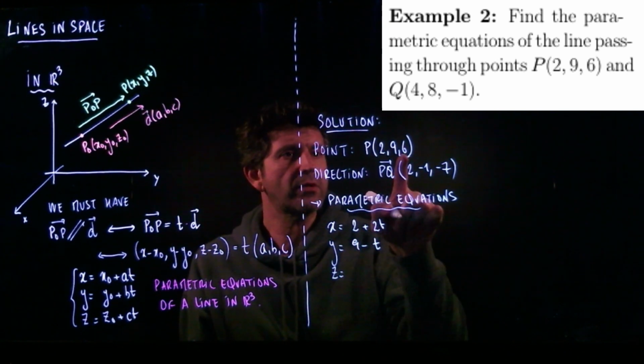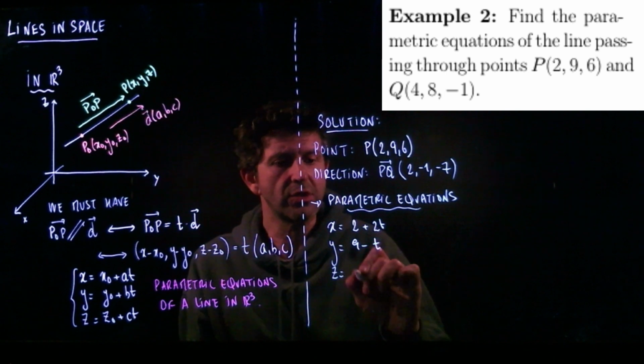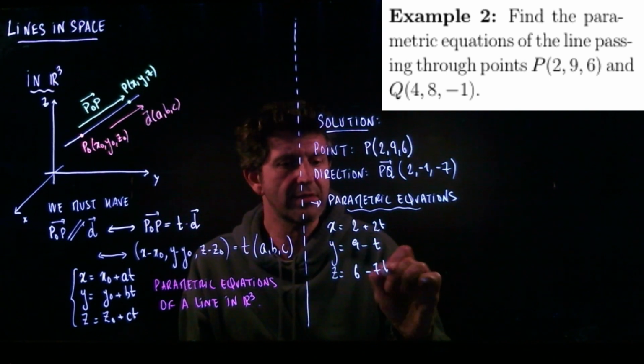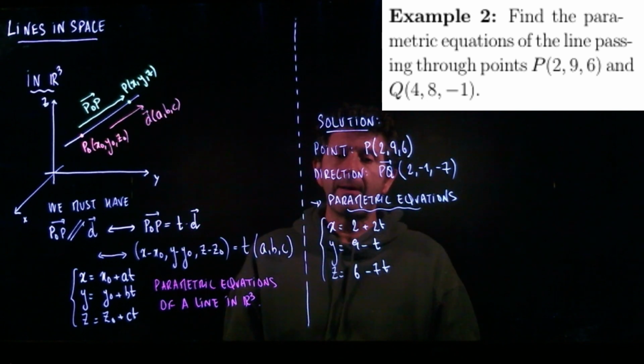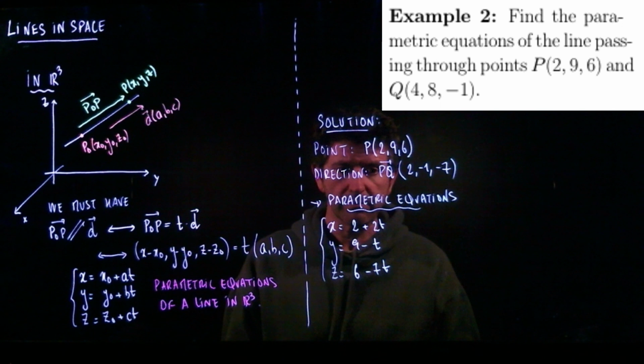And z is equal to z0 plus ct, which is 6 minus 7t. And these are the equations of my line passing through points P and Q.